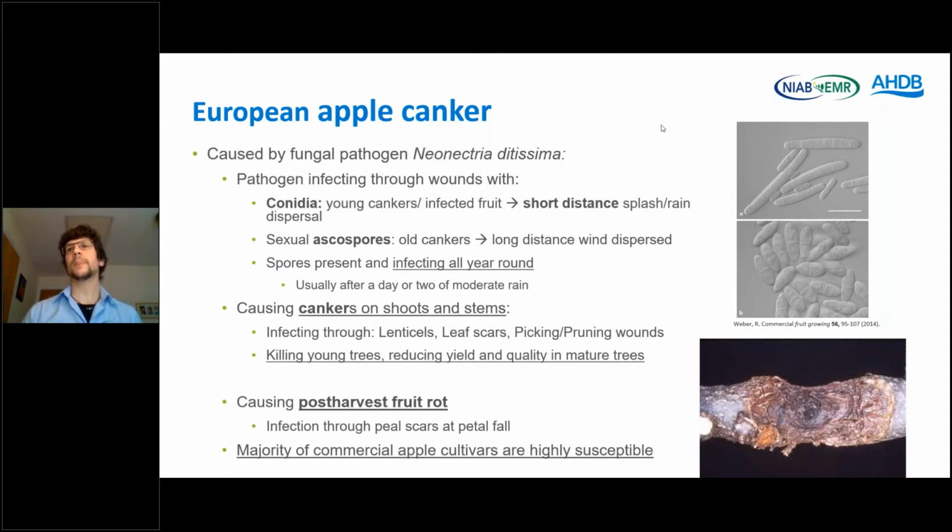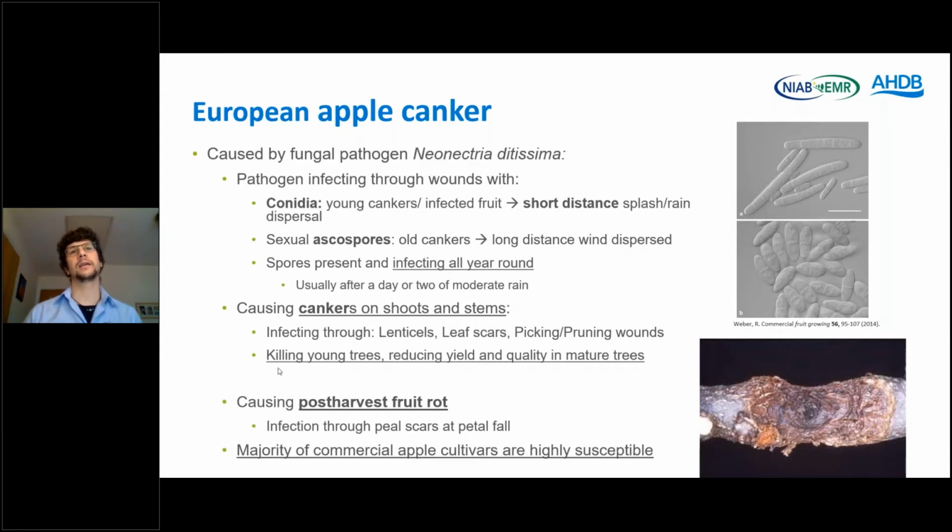Now you can see from this picture and from your own experience, the Neonectria apple canker is causing cankers obviously on shoots and stems, and they're the result of the infection of lenticels, of leaf scars in the autumn, or picking or pruning wounds.